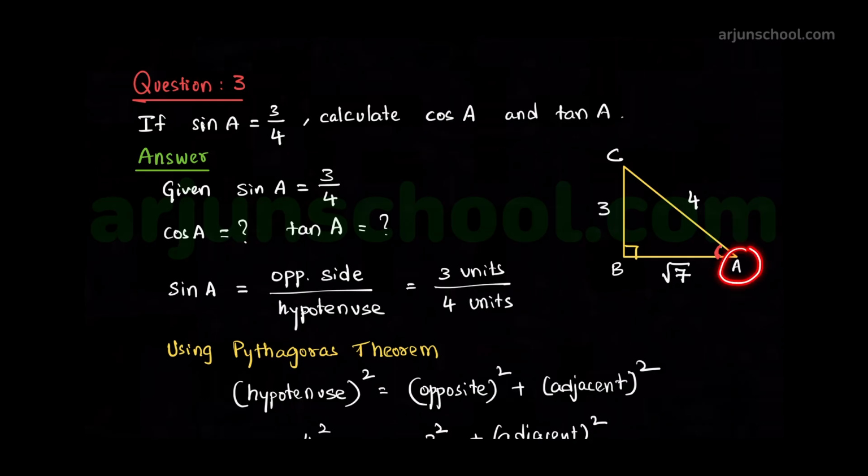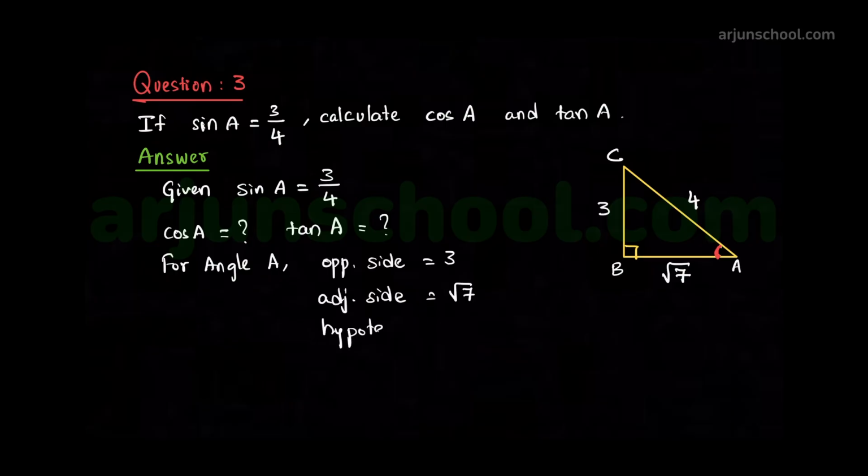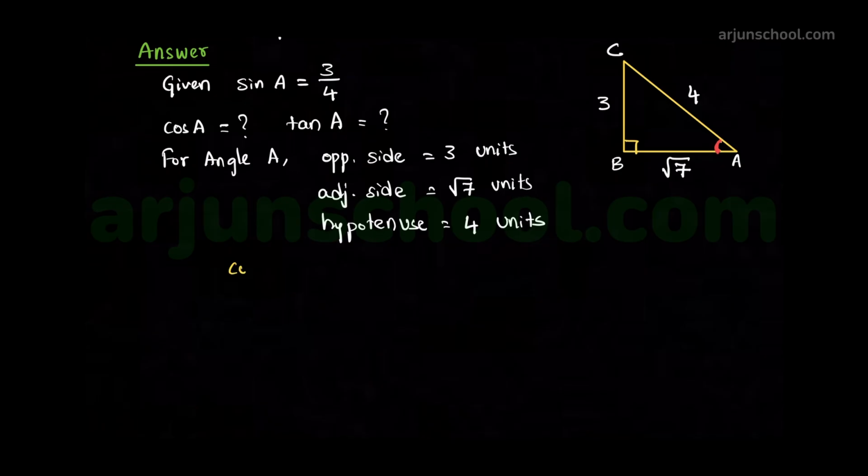For the given angle A, we have sin A is equal to 3 by 4 and we have found the adjacent side, root 7 units. Now let us calculate cos and tan at the same angle A. Cos A is equal to adjacent side by hypotenuse.